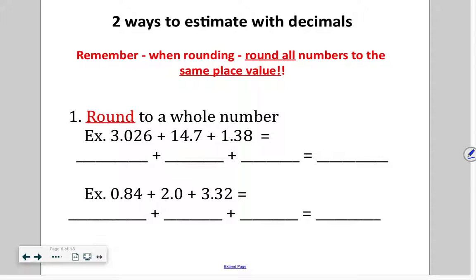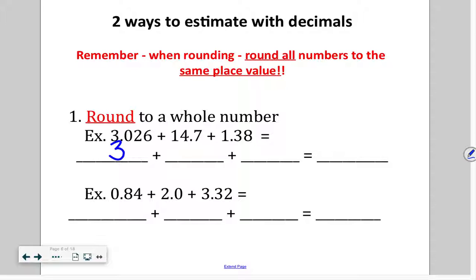In our directions it says to round to a whole number. So 3 and 26 thousandths will round to 3. Let's review the definition of a whole number real quick. Does anybody remember what the definition of a whole number is? There's no decimals, there's no fraction, right.